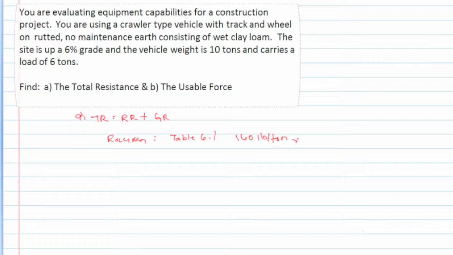Our vehicle weight here, we are going to use the weight plus the load. So 16 tons, we get 2560 pounds. Okay. Now our grade resistance. So this one's pretty easy. It's the same kind of thing. We're just using the 20 pounds per ton for every percent grade, and in this case it's a 6% grade.